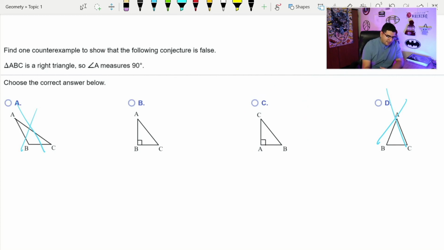I can't use that one as a counterexample. B is also a right triangle, with corners A, B, C, but notice here the right angle is on angle B. Therefore, because angle A is not 90 degrees in this example, I can say that B would be the correct answer. This would prove that conjecture wrong.